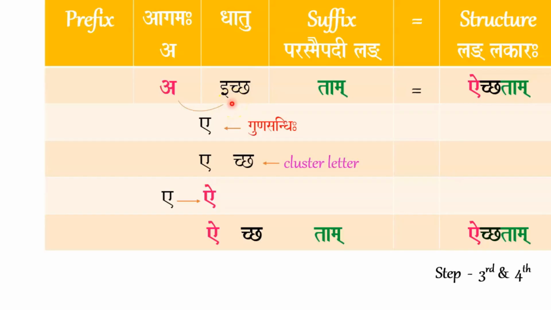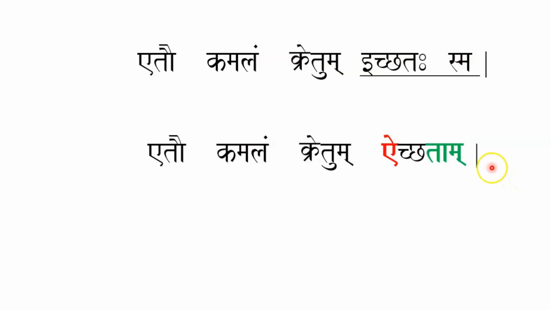That's why here Guna Sandhi occurs. And then after a, the cluster letter chh has come. That's why the letter a is changed into letter ai. After that, all words are brought together, which becomes Aichhatam. So our sentence would be Eto Kamalam Kretum Aichhatam.